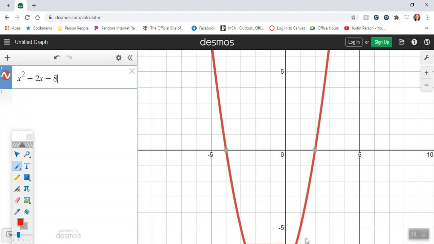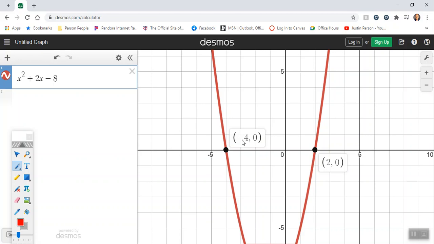When we graph this, we're looking for the 2 points that are considered my x-intercepts. Isn't this my x-axis right here, kids? Okay. What do we get for values right here? What are the x values of those points to make our y value 0? Negative 4 and what? Positive 2. So the solutions of that are negative 4 and positive 2.